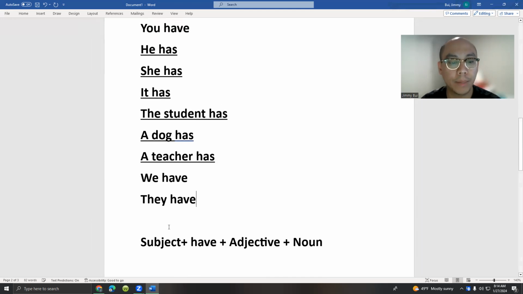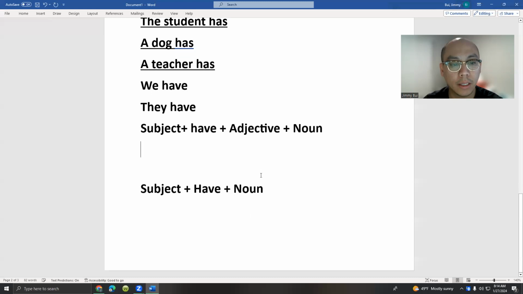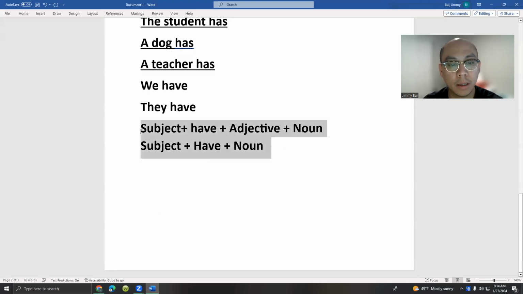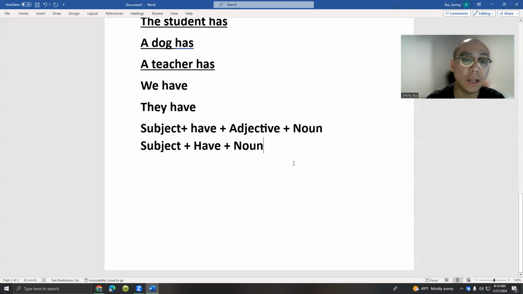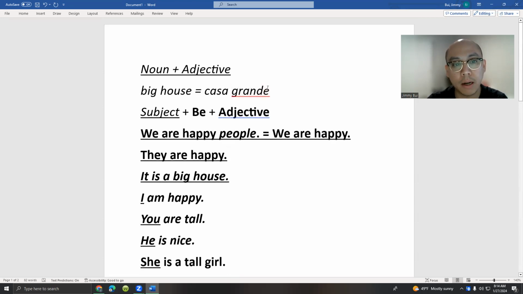Okay, going back to our sentence structures, they can be subject plus have, or has in this case for third person singular, plus adjective plus noun, or subject plus have plus noun. In other words, this adjective describes the object noun, right? Going back to Casa Grande or big house, in English, we put adjective plus noun.